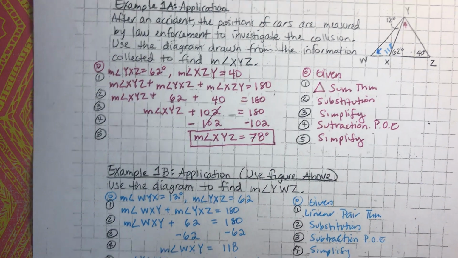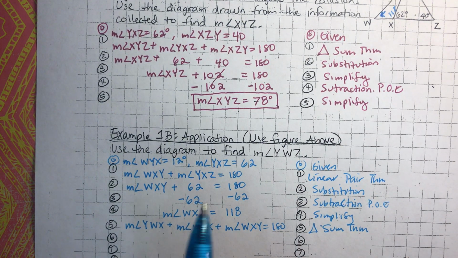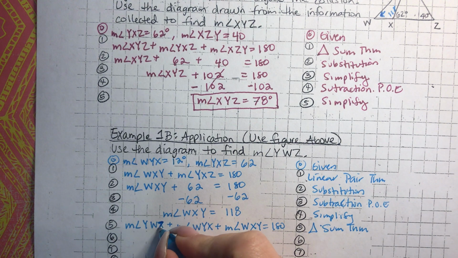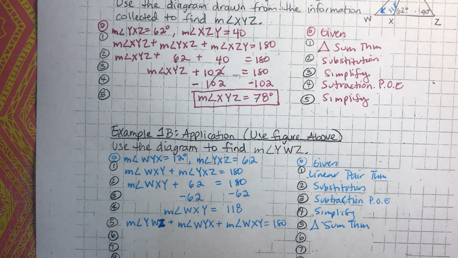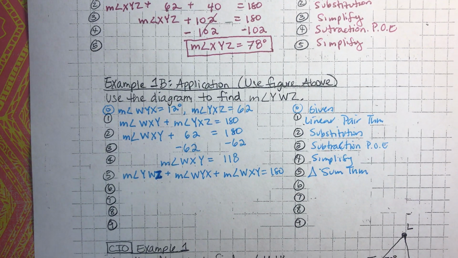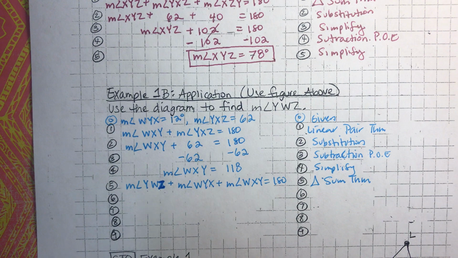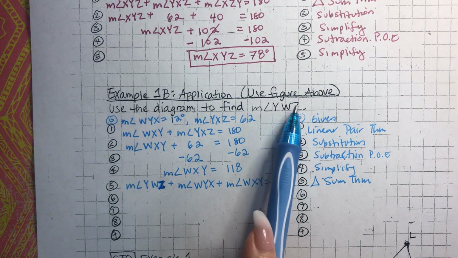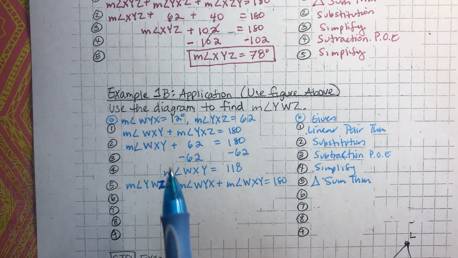So I'm going to change this WYX to WYZ because that is what the problem is asking us to find. I just accidentally wrote the wrong thing, but technically it is the same thing. So let's just keep with what the problem's asking us to do.